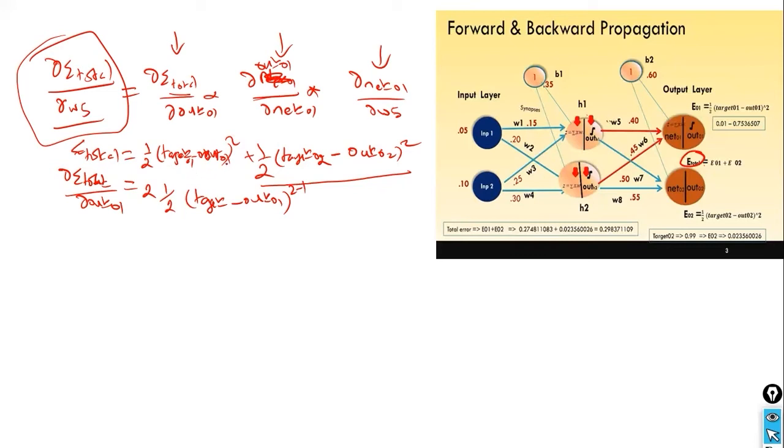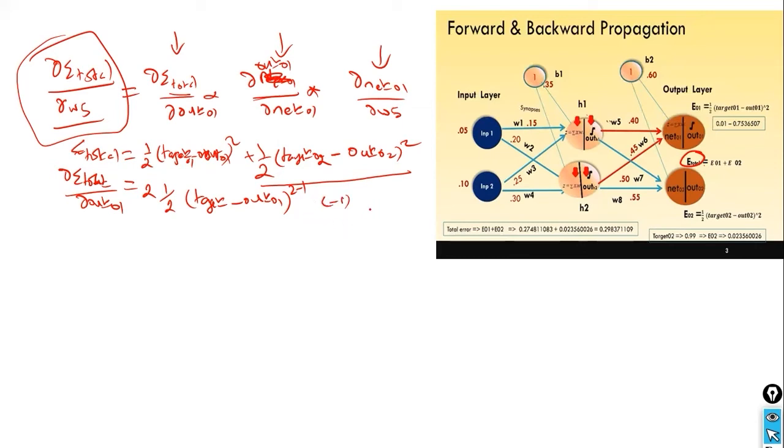Now we need to take the partial derivative of the inside function. What is the coefficient for out o1? Minus 1, because for negative out o1 the coefficient value is 1. Hence, when you take the derivative of this inside function, you are left with minus 1 here.